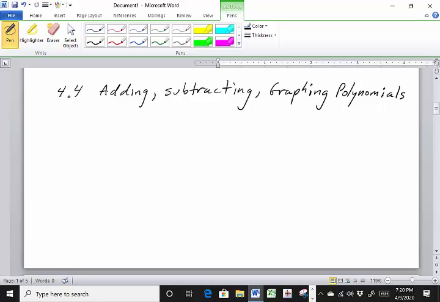Okay, so in the last section we actually learned a few things. The last thing we did, we learned how to graph polynomials basically just by plotting points. And then we talked about the terms of polynomials, the coefficient of each term, the degree of each term, and the degree of the overall polynomial.